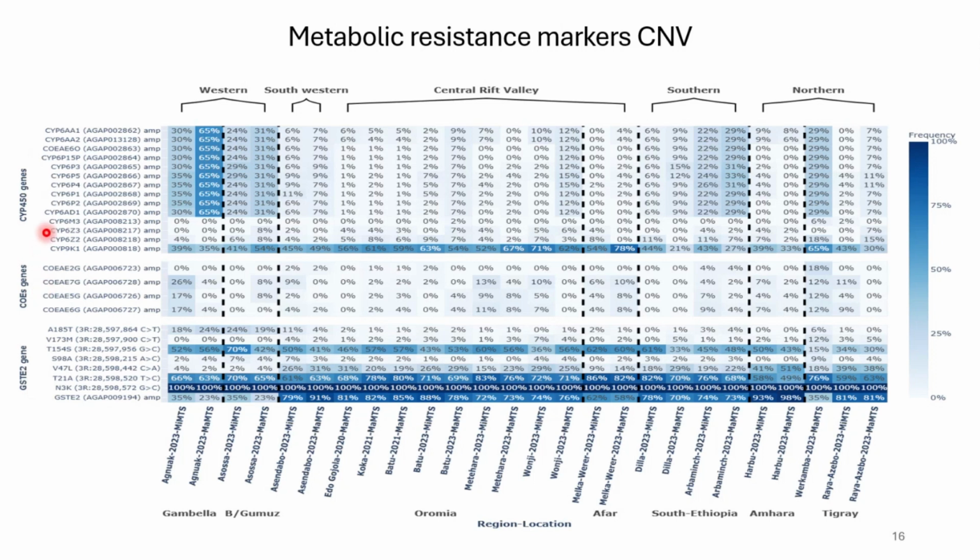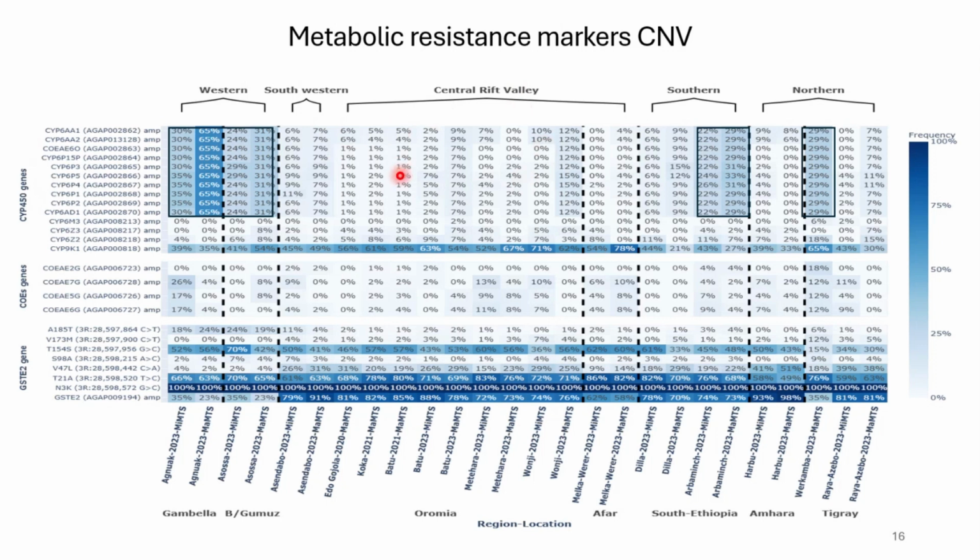And our findings showed that at the CYP450 gene, we detected high frequency of copy number variation, particularly for the CYP6AAP gene cluster in western Ethiopia, followed by one site from northern Ethiopia, which we call Wakamba, and also in southern Ethiopia, while frequencies in the central Great Rift Valley of Ethiopia and southwestern were very much low.